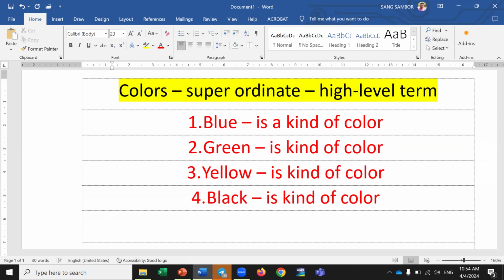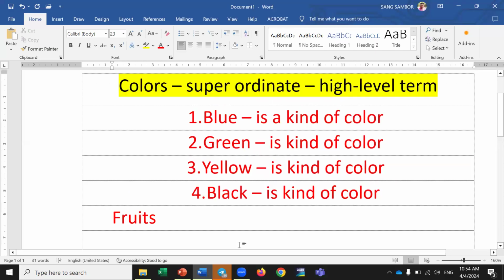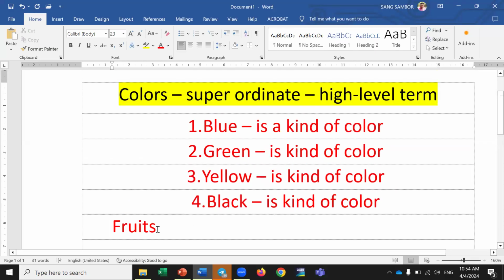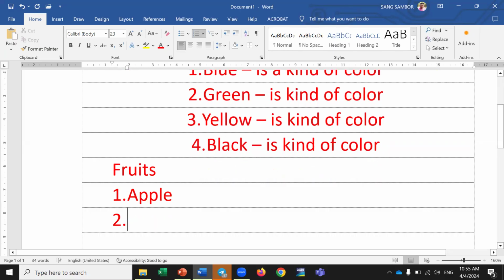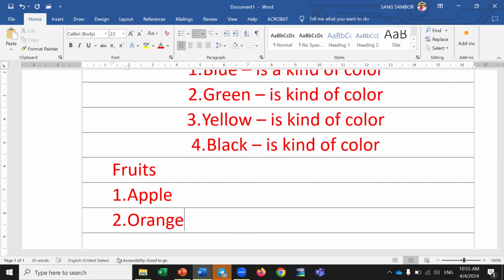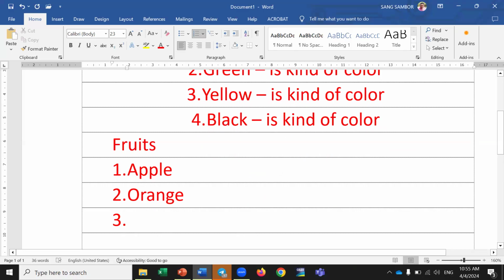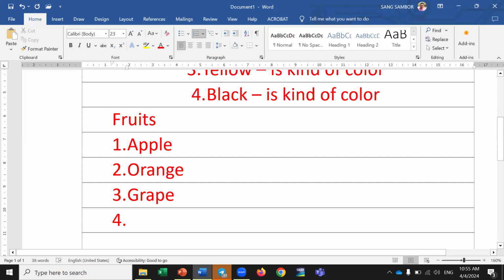So I just want to give you another example, like the word fruit. Okay. Fruit. You all experience different kinds of fruit, right? So you may have one apple, right? You may have orange. You may have grape. You may have, what else?